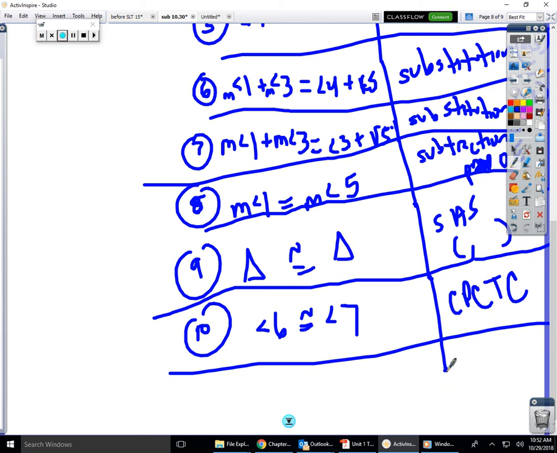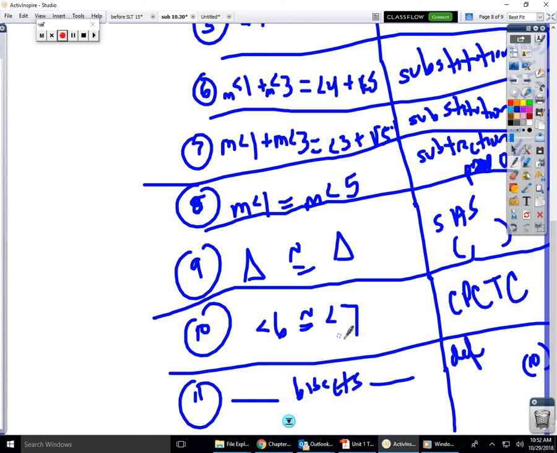It means that once you prove congruent triangles, every side and every angle is going to be congruent in them. And then line 11 is basically what I was trying to prove, that I forgot what it said in the proof, but something bisects the angle. And the reason why I know something bisects the angle is because of line number 10. Line number 10, I'm using the fact that 6 and 7 are equal, that's the definition of a bisector. And for CPCTC, I'm going to have to cite number 9 because it's based on these congruent angles.